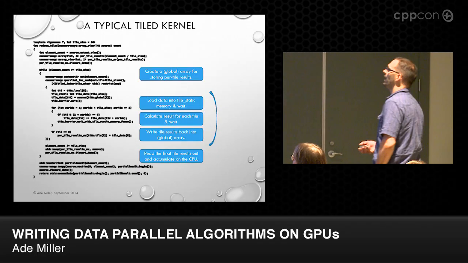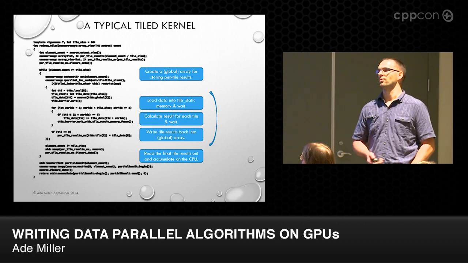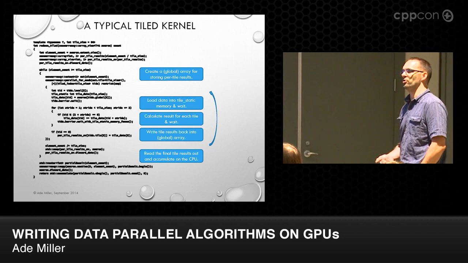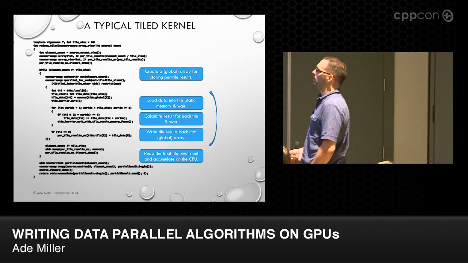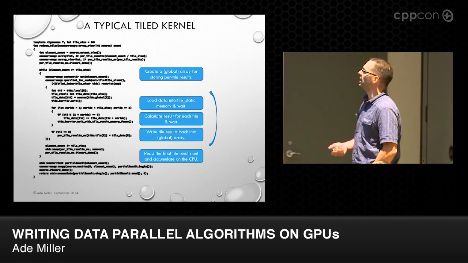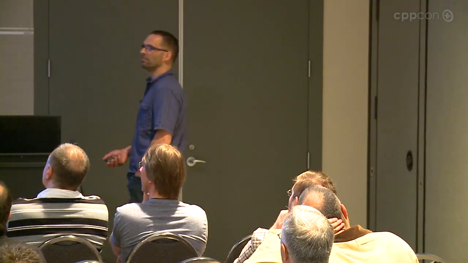What I want to focus on here is this is a really, really common pattern you will see in tiled GPU code or blockwise GPU code. I'm going to create an array for storing my per tile results, but really within my kernel, all of my threads load data into tile static memory, right? That's all they do. There's a one step there. They then wait on a synchronization primitive.